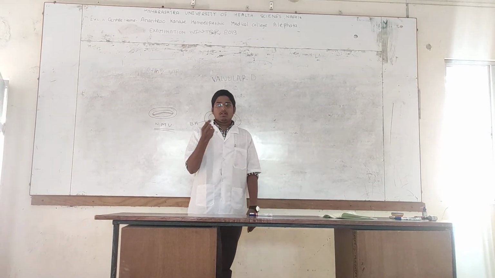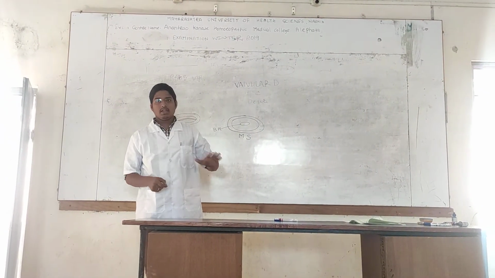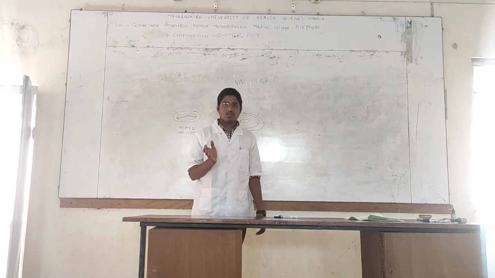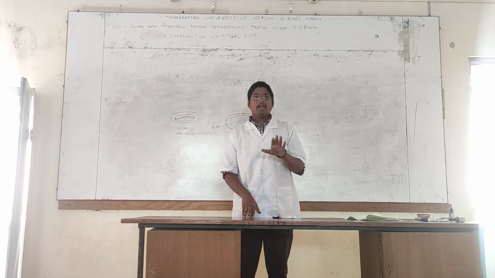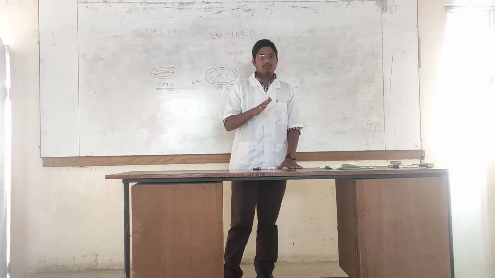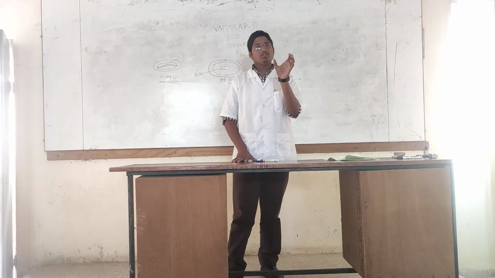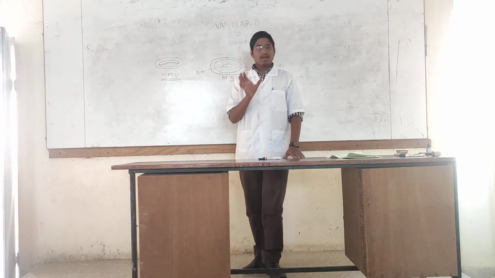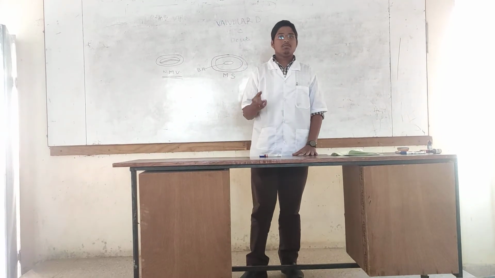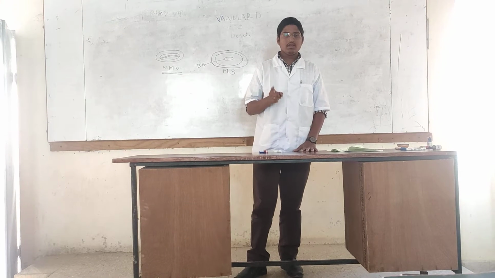Because of short inflow of blood, the blood will not go from the left atrium to the left ventricle because of the mitral stenosis. So there is chronic passive congestion of the lungs, and this ultimately causes right heart failure. And then the right ventricle also becomes hypertrophied, and the right atrium also hypertrophied.